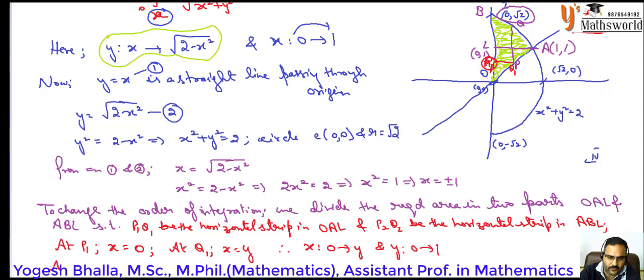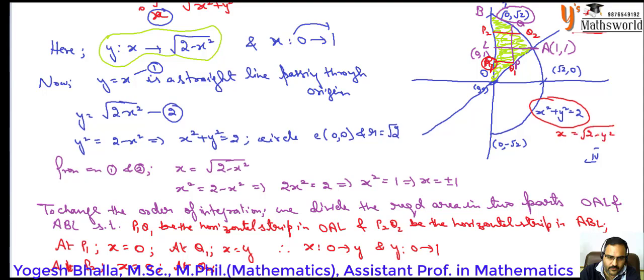Now at point P2, what is the value of x? P2 is on the second horizontal strip in this region, P2Q2. Since P2 is lying on the y-axis, the value of x will be 0. Now Q2 is the point lying on the circle x square plus y square is equal to 2, so x will be equal to root of 2 minus y square.